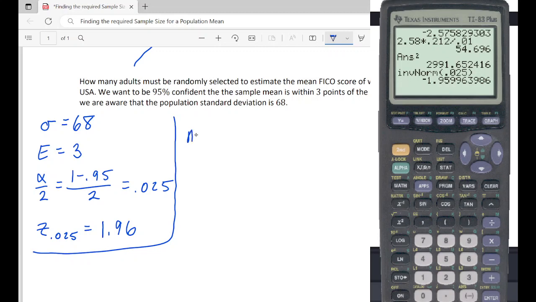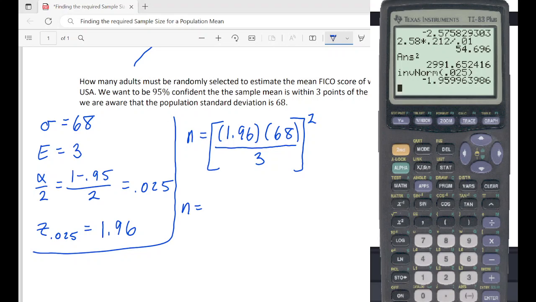And now that I have everything here, I'm going to plug it into my formula. So n equals 1.96 times 68 over 3. And again, that is all squared. So what does that come out to be? Again, let our calculator do the work for us.